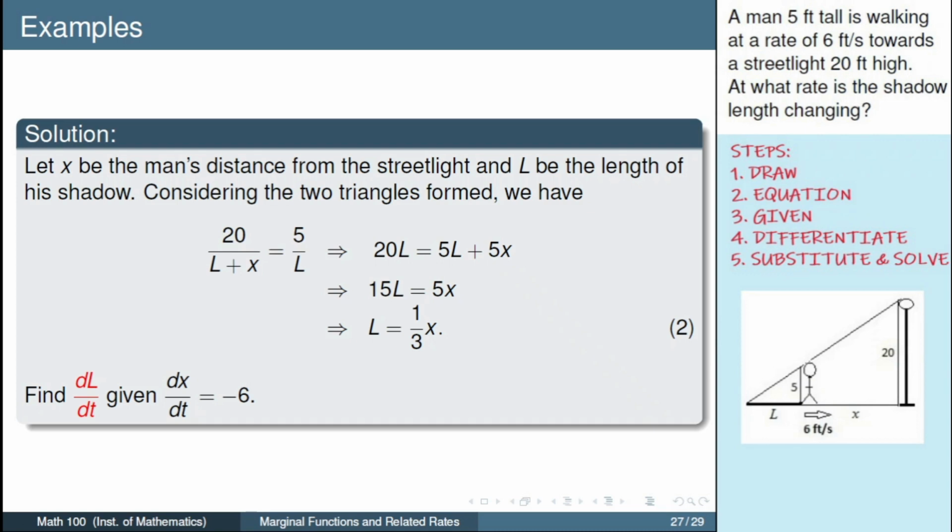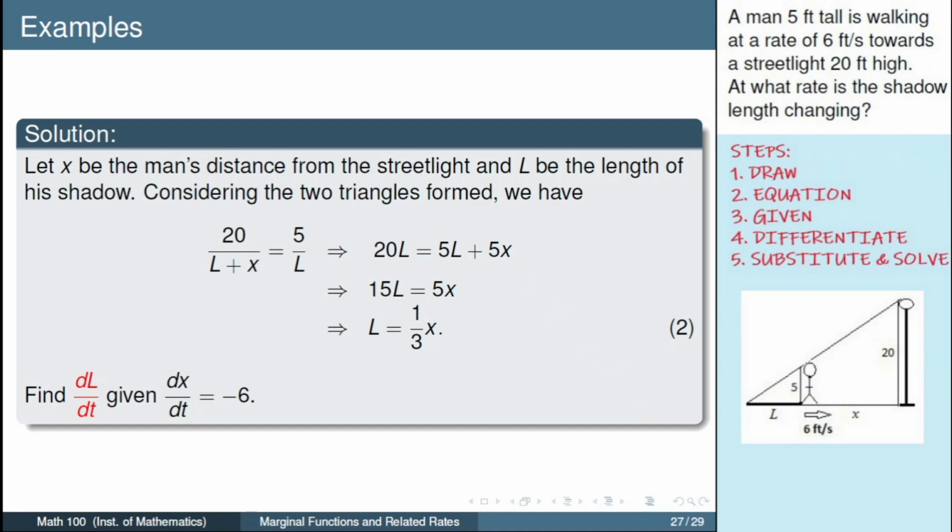So, why is it negative? It is negative because our x is getting smaller, right? Because our man is approaching the street light. Therefore, his distance from the street light will go smaller and smaller. That's why it's -6. So, this is what I said earlier, it is important that you have the diagram so you can see whether our derivatives and rates of change are positive or negative.